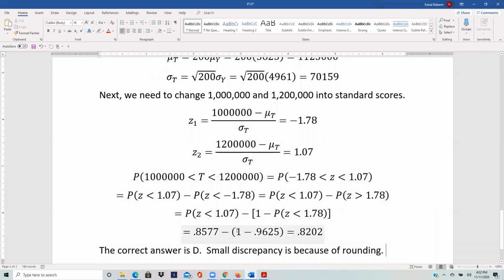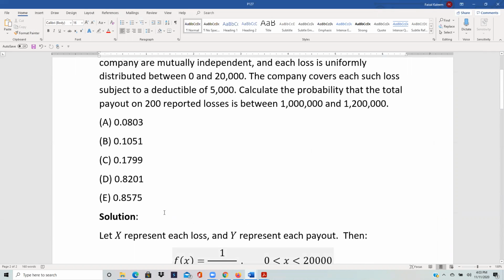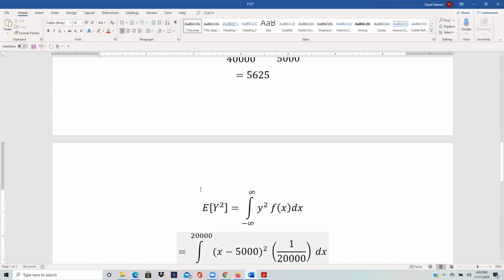After substituting these, you get 0.8202. Now choice D is 0.8201, and that's the correct answer. The little difference we see is because of the rounding.